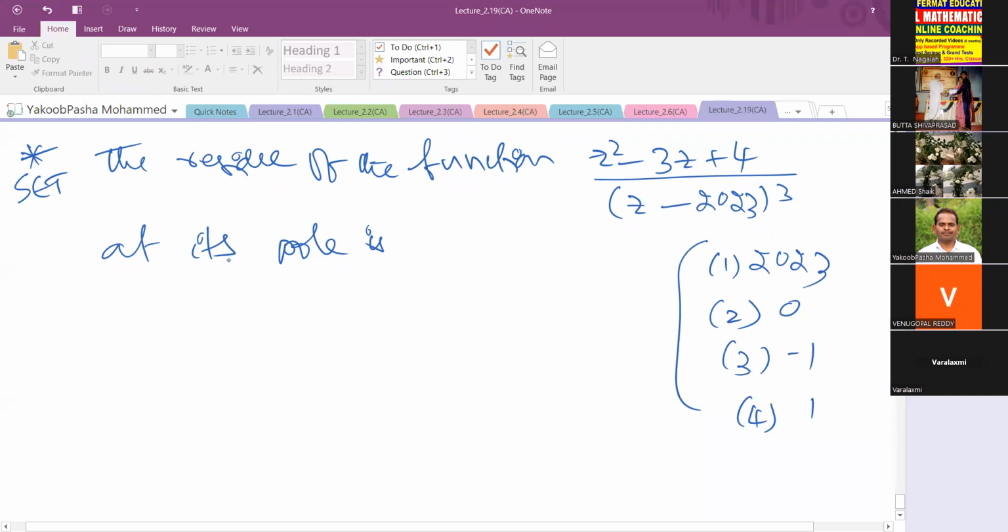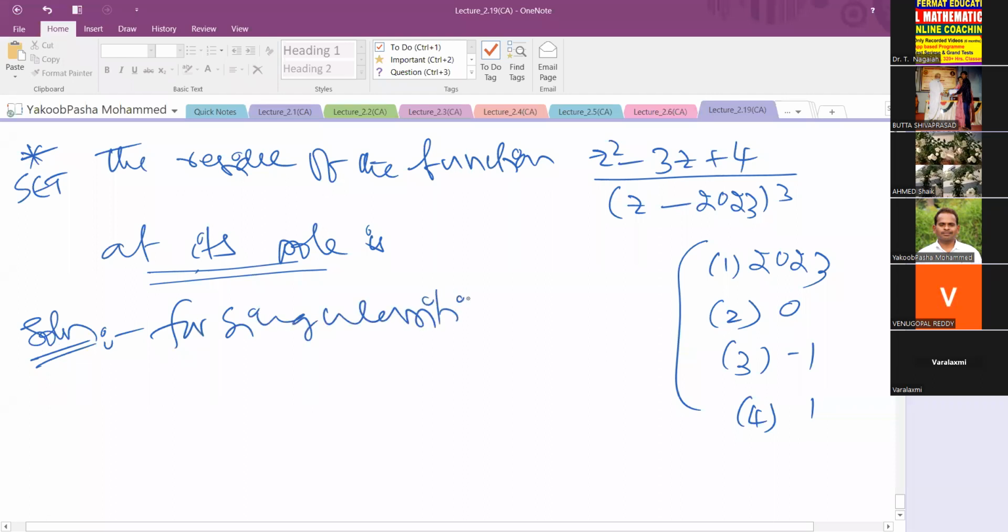It says at its pole, so first take the singularities. For singularities, the denominator (z minus 2023) whole cube is equal to 0.